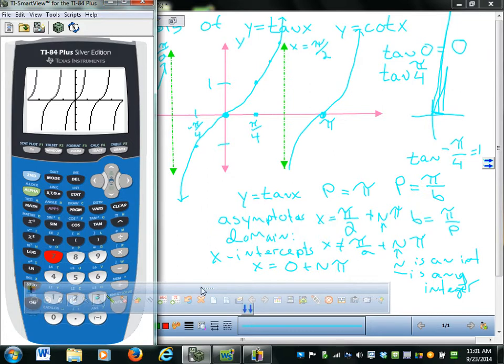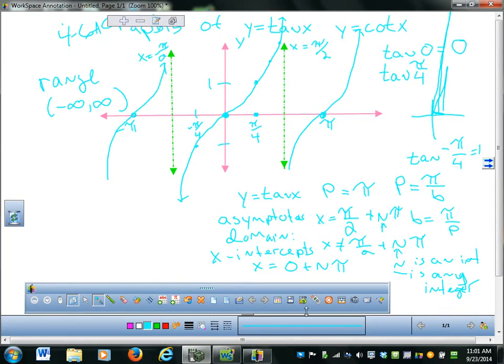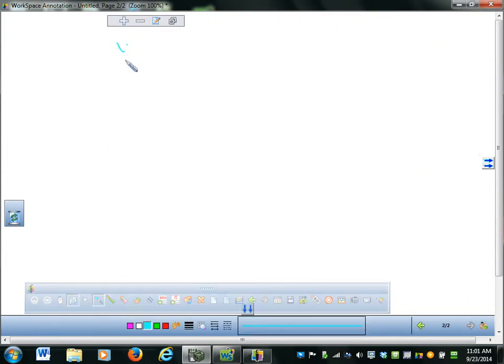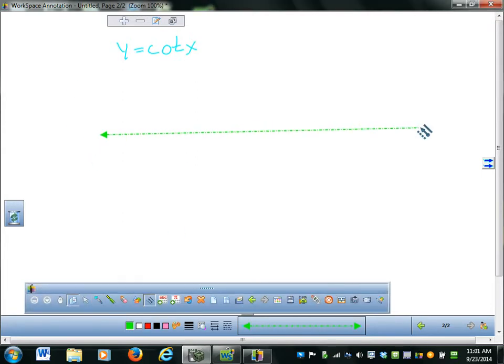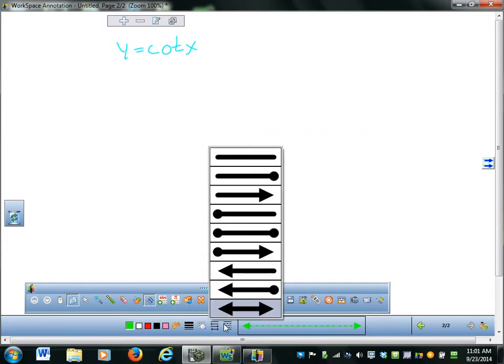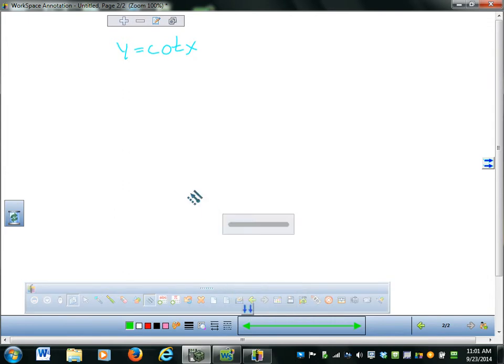Okay, so that's y equals tangent of x. Now we're going to look at y equals cotangent of x. It looks real similar to y equals tangent of x, except it's a little different.